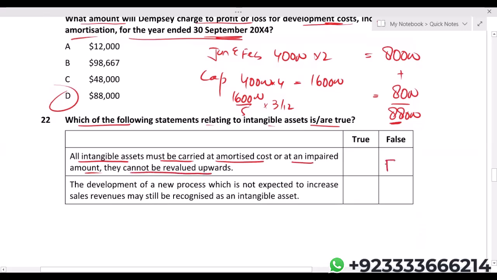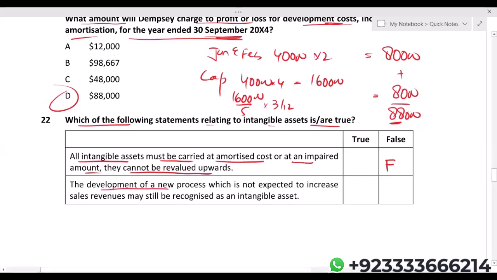Can I say false? If you recall IAS 38, IAS 38 actually gives us two models. One is the cost model, another is the revaluation model. Of course, with the revaluation model, a condition is attached. The condition says you can only go for the revaluation model when there is an active market, but the revaluation model is still there. So statement number 1 is false.